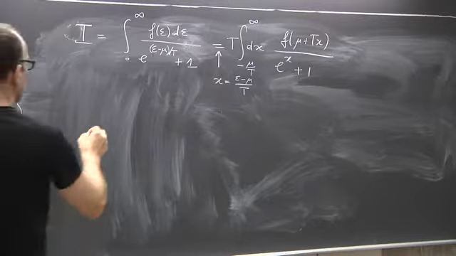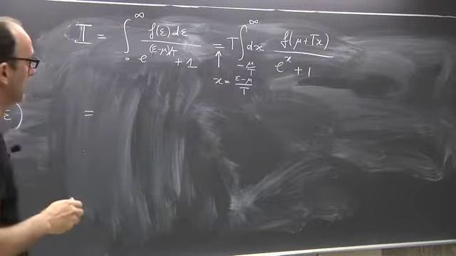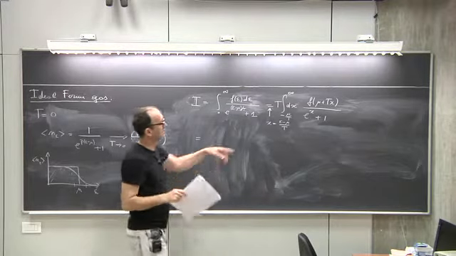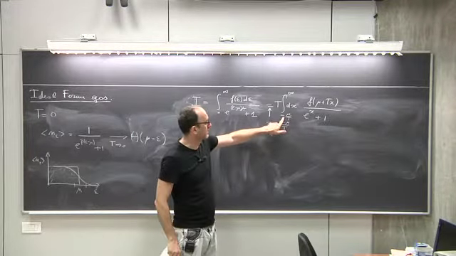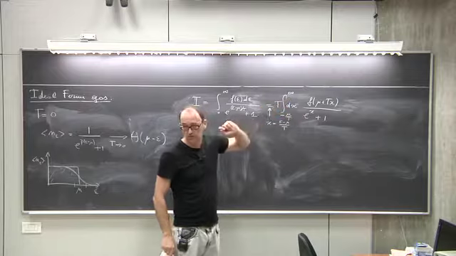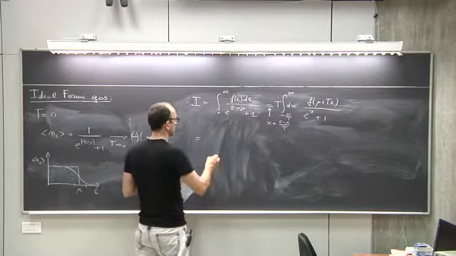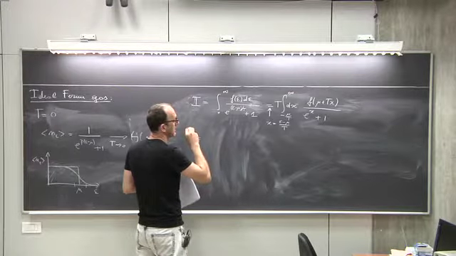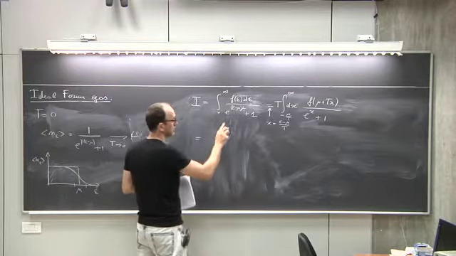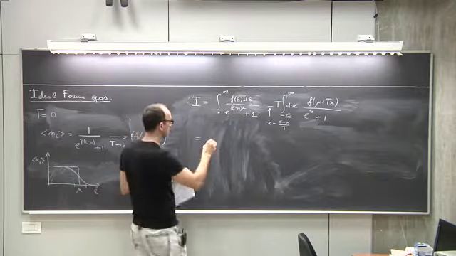Now I want to split this integral into two parts. The part from minus μ over t to 0, and the part from 0 to infinity. So the first part, I can change x into minus x.